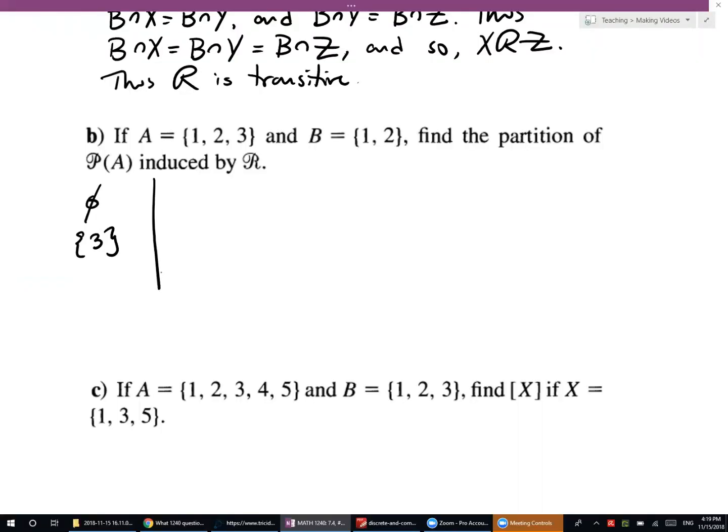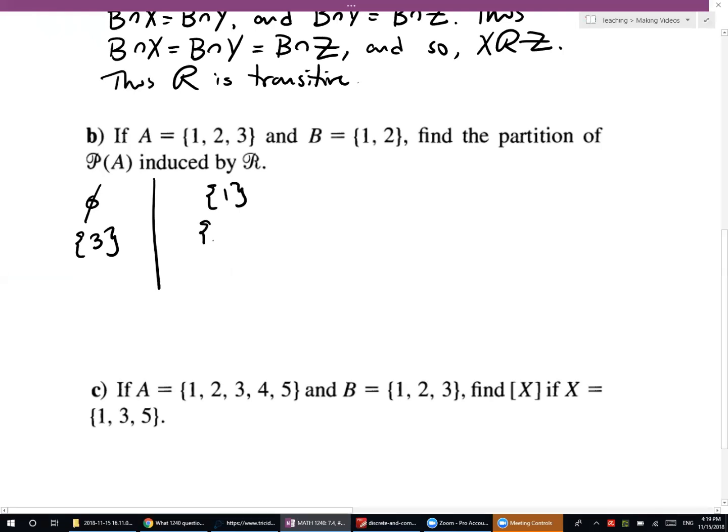Back to the example. What else? Let's look at the set {1}. What else is in the partite set that contains the set {1}? Well, when I intersect {1} with B, I get {1}. What else intersects with B to get {1}? Well, again, if it contains 2, the intersection would contain 2, so that's no good. But can it contain 3?